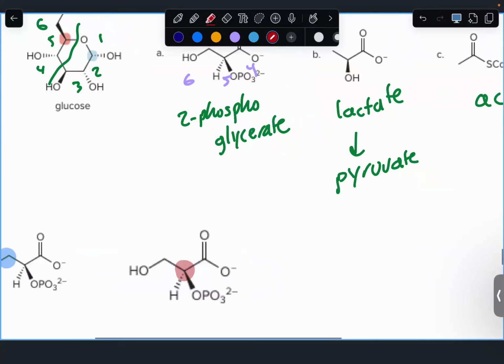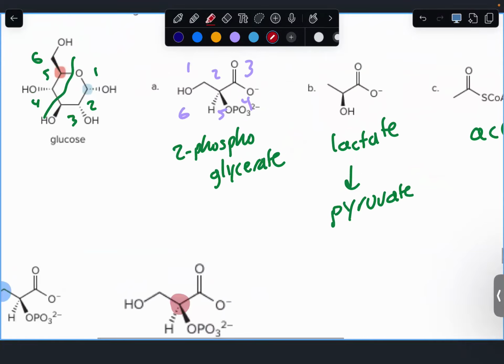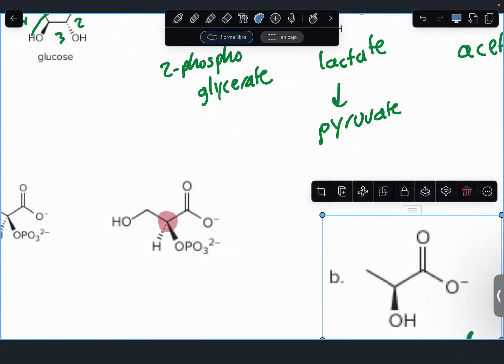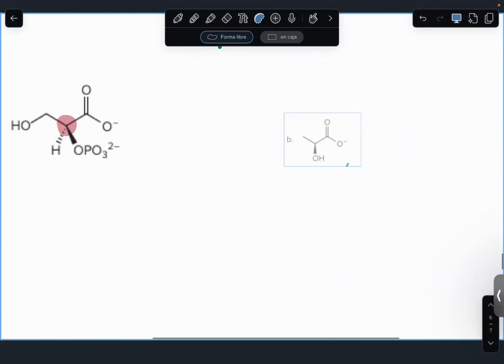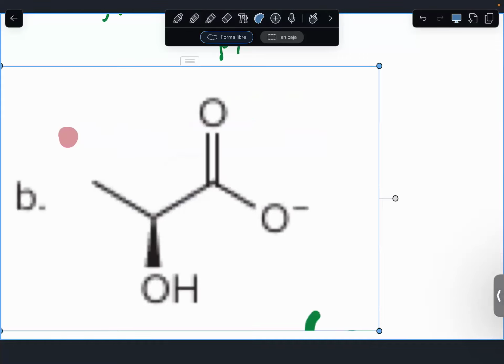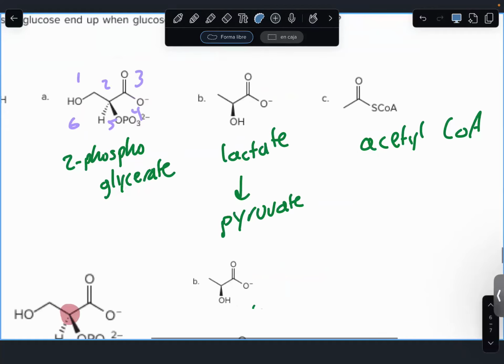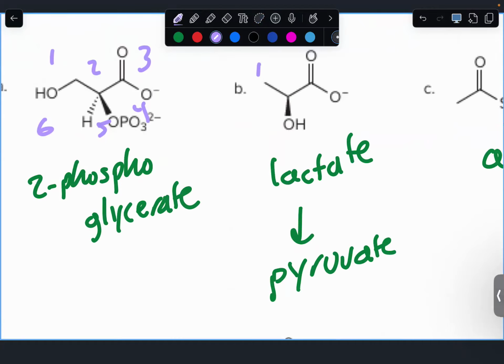And so it's exactly the same with pyruvate, where it's 1, 2, 3, and 6, 5, 4. 1, 2, 3, 4, 5, 6.